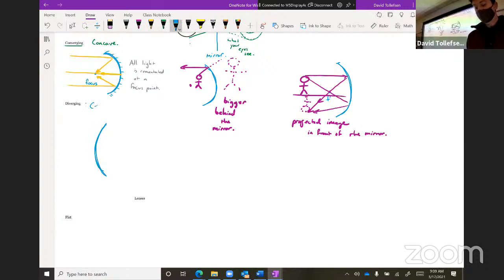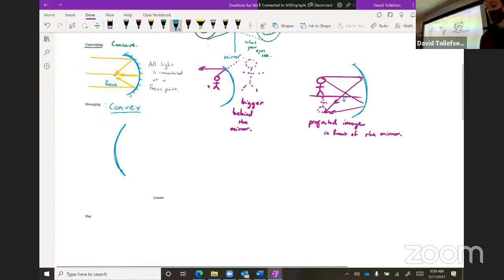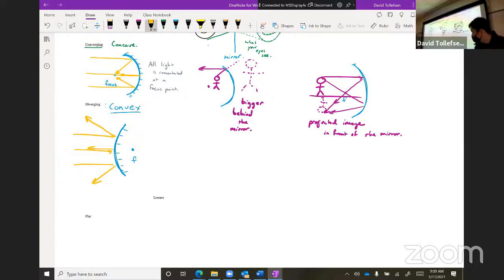We call it a convex mirror. So the focus point is inside the mirror, basically. And when the light rays come in, they divert away from the focus point. So they bounce off and spread out.